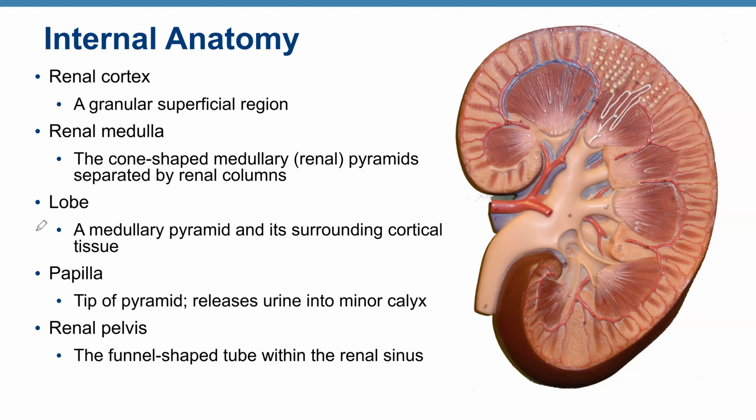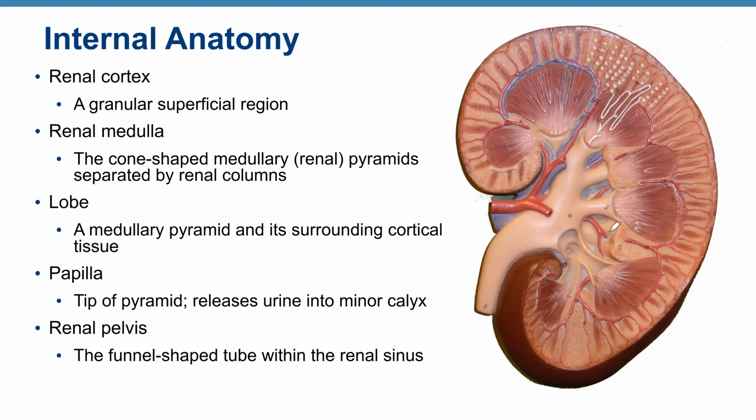If you divide the kidney into lobes, you would cut in the middle of a renal column, through the cortex, to include a pyramid and half of another column. So that's one lobe. Maybe I will show you on this. We will include this pyramid, cut in the middle of the column, include the cortex, and half of another column. That's going to be our one lobe.